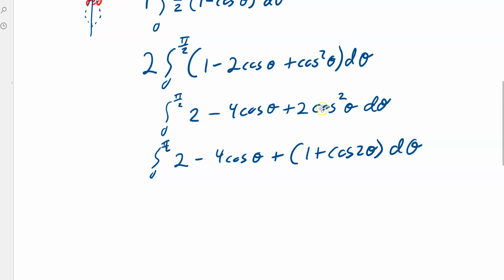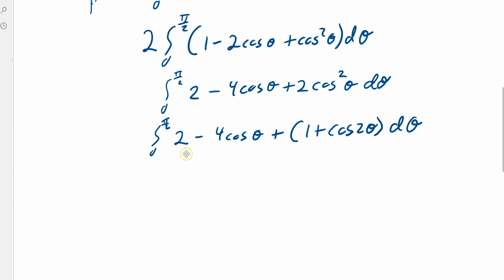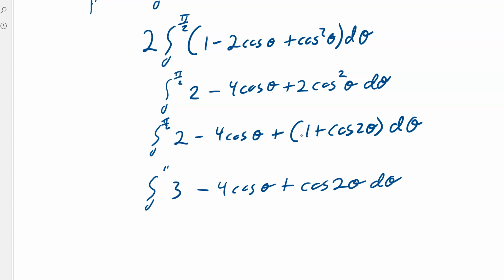So cosine squared would be 1/2 (1 plus cosine 2 theta). The 1/2 and the 2 cancel. So now I can go, well, that's 2 plus 1 is 3 minus 4 cosine theta plus cosine 2 theta d theta, 0 to pi over 2.